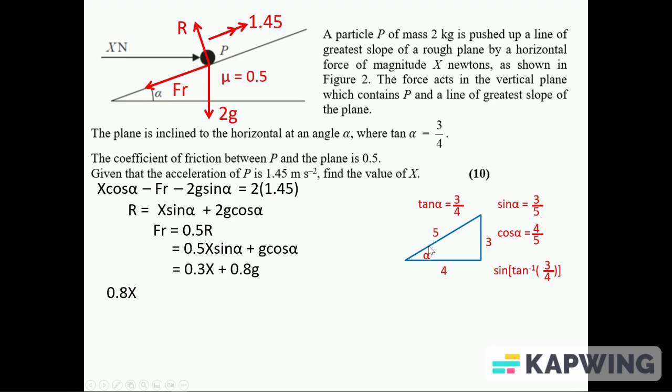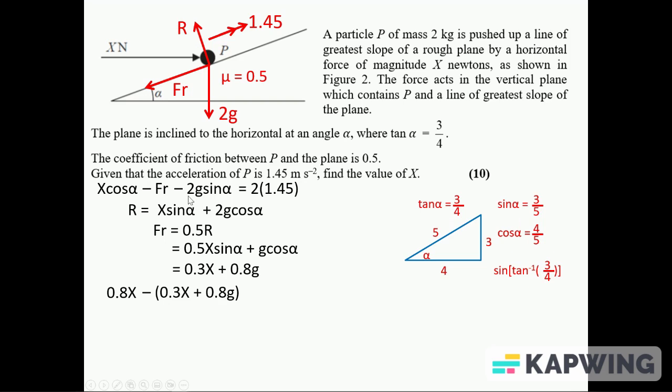So the x cos alpha is x times 4/5 or 0.8x, minus the friction, which is 0.3x plus 0.8g, and minus 2g sine alpha.